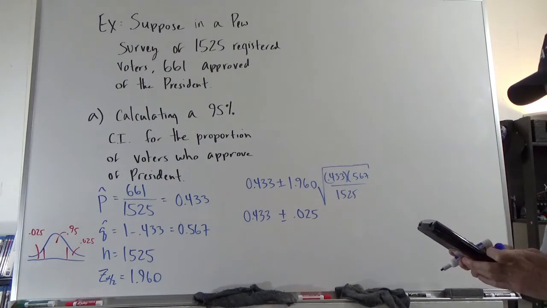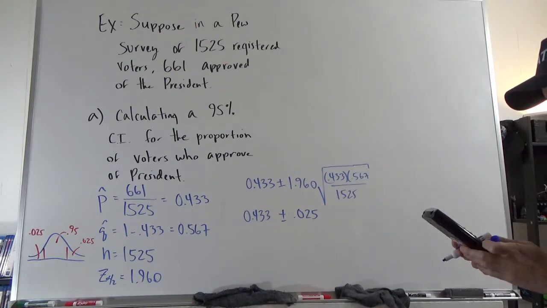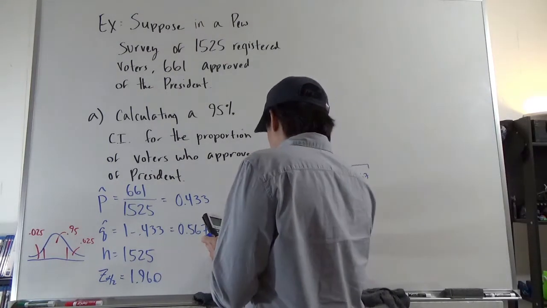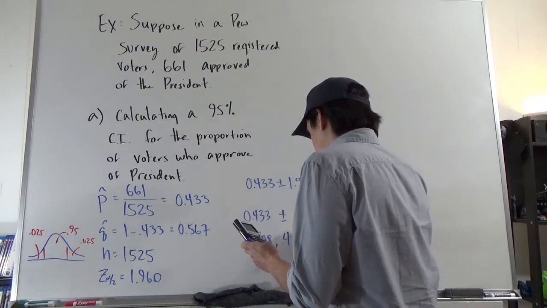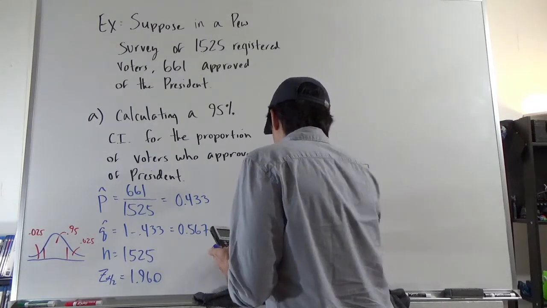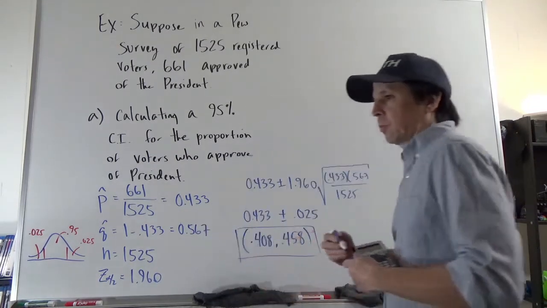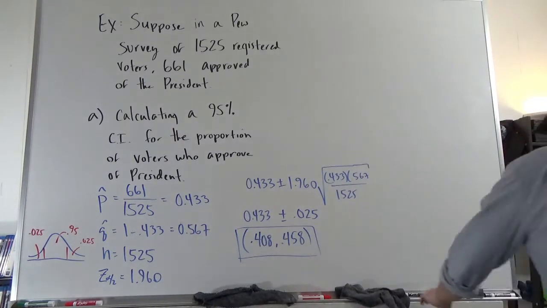And 0.025, so we're going to add and subtract that. Plus 0.025. Okay, and I got 0.408 and 0.458. And that's it. 0.408, 0.458. Yep, we're good.